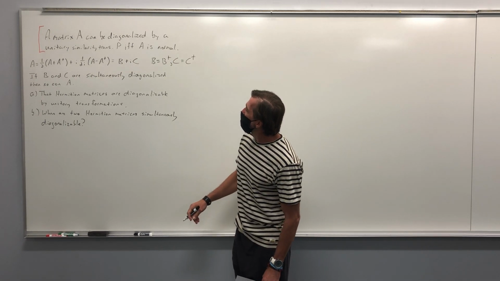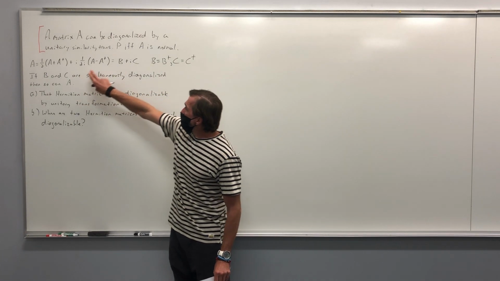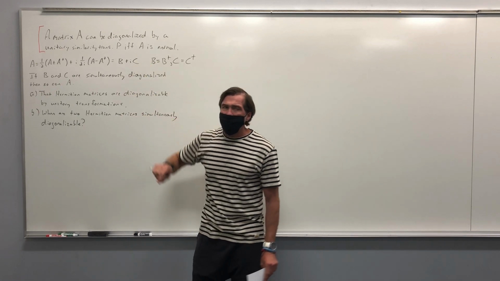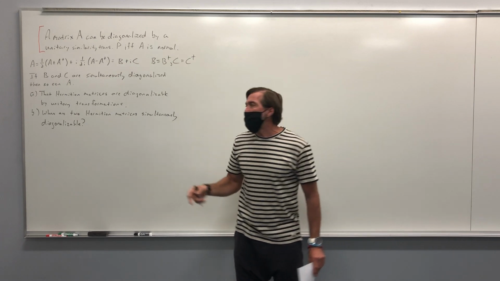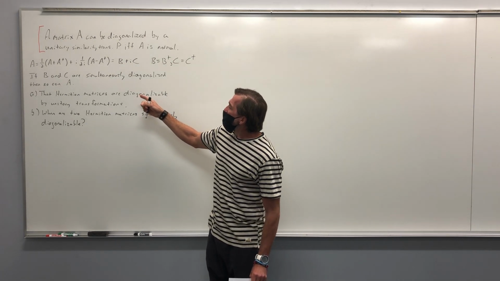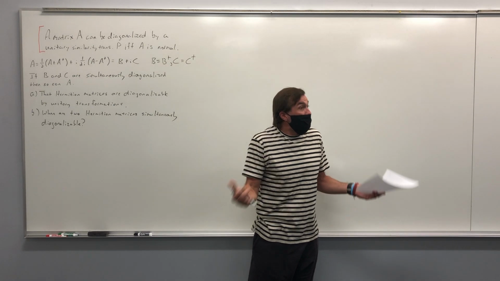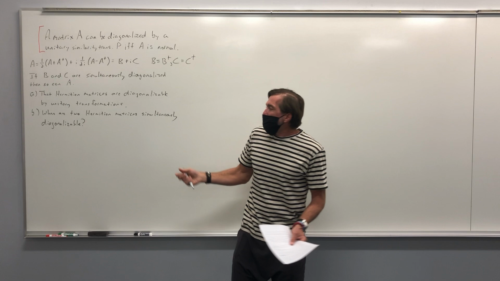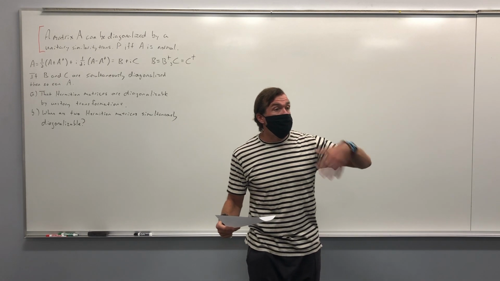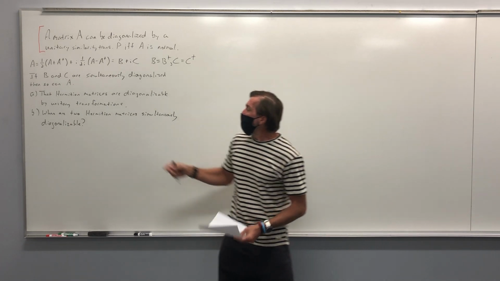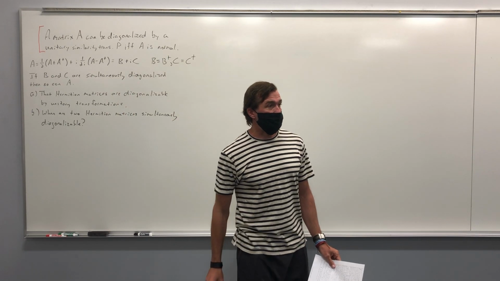At any rate, the question we have to ask is, can B and C be simultaneously diagonalized? So that really breaks up into two questions. The first question is, because B and C are hermitian, does that mean they can be diagonalized at all? And the second question is, you'll find out that any hermitian matrix can be diagonalized, but how do you know when these can be simultaneously diagonalized?